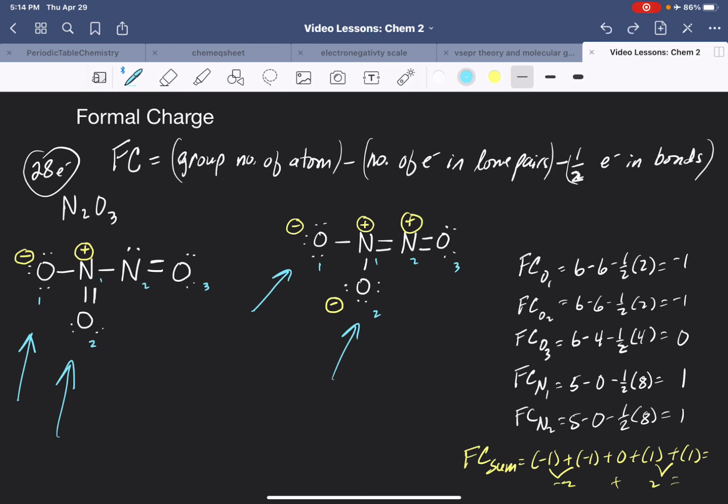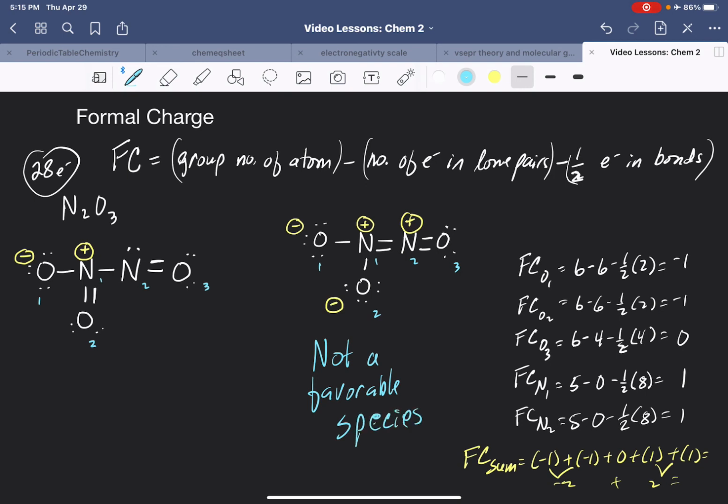All right? So it's all about energy and how it's going to stabilize. So what we would say is that this is not a favorable species. And that's actually how you say it, not a favorable species. So species refers to just this particular structure, this particular molecule, this particular form of the molecule.